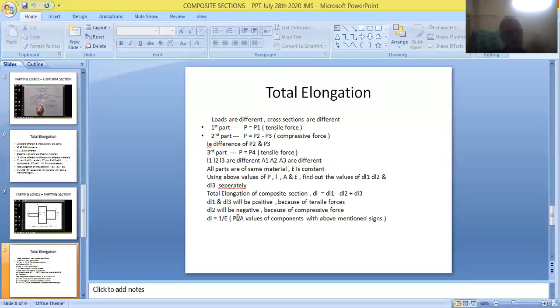So these things are coming within the bracket, and this value is constant for all the components, so it is coming out of the bracket. It can be written as 1 by E into P1 L1 by A1 minus P2 L2 by A2 plus P3 L3 by A3. Like that, we can make calculations, and ultimately we will be in a position to measure the total elongation.